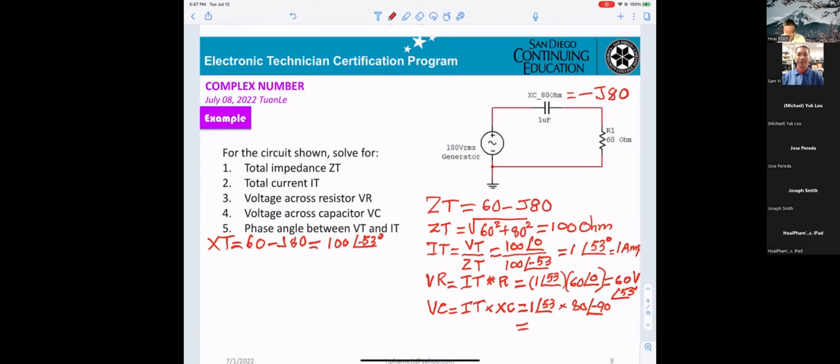So you get 80 for the magnitude, and for the degrees, it is minus 90 plus 53. So you get minus what degree? Minus 37. So if you want the value, it will be 80 volt.